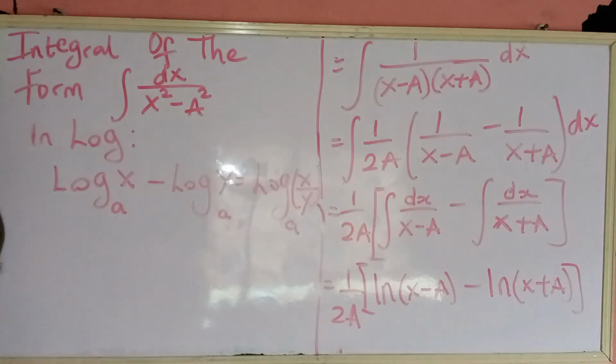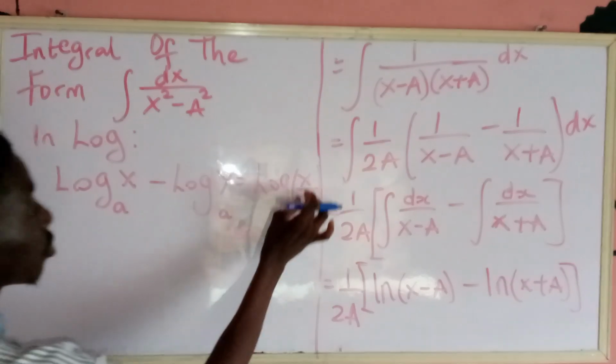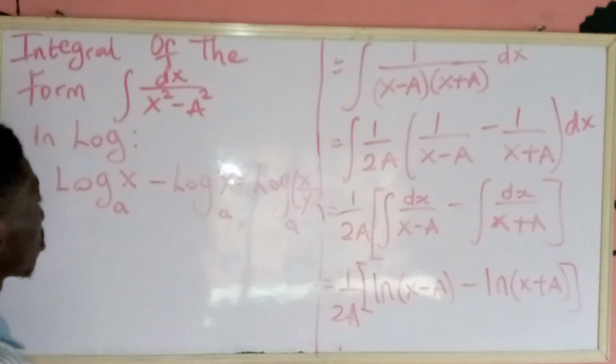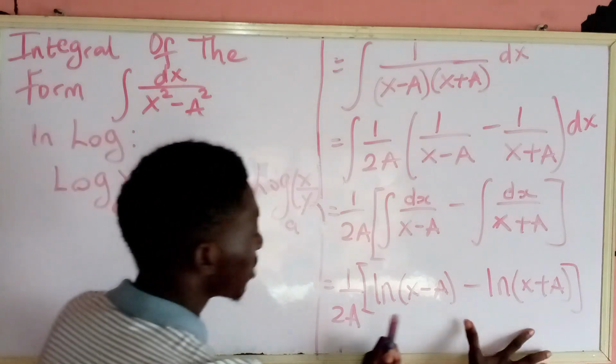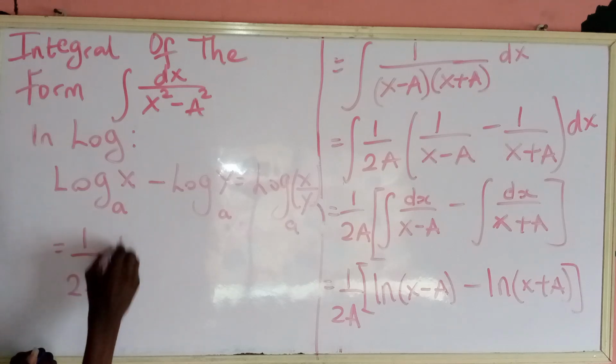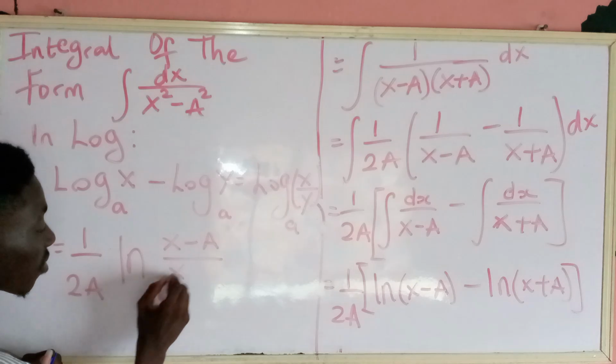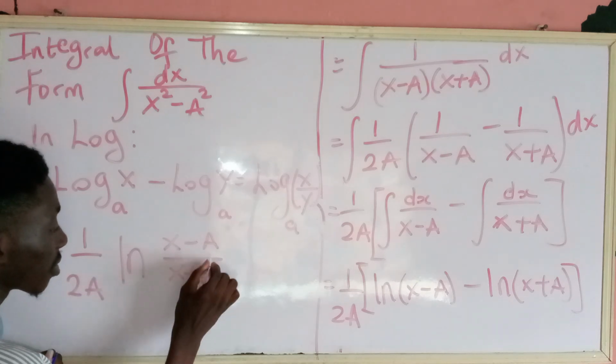You divide. So whenever you're subtracting in logarithm, it turns to division. So from there, this same expression here also equals 1 over 2a logarithm of x minus a over x plus a.